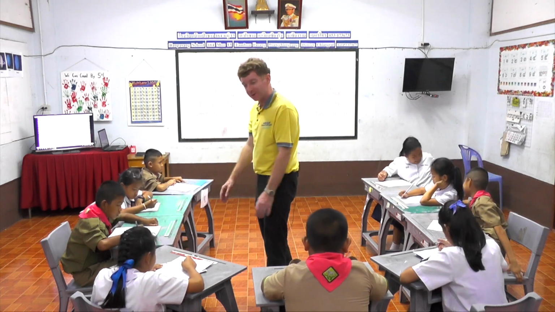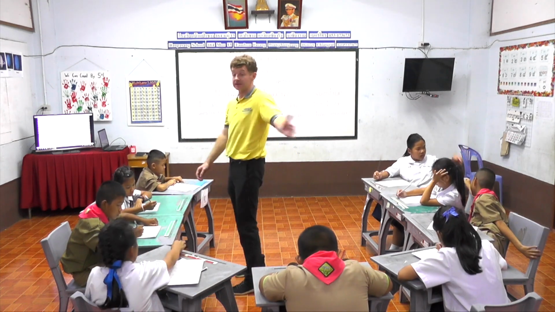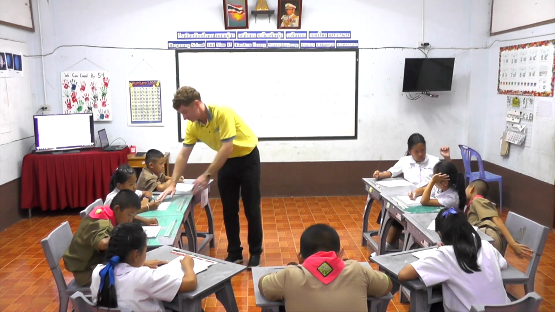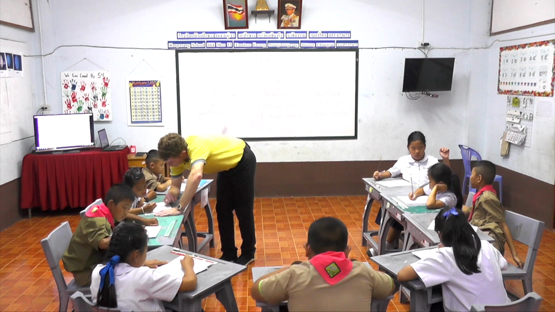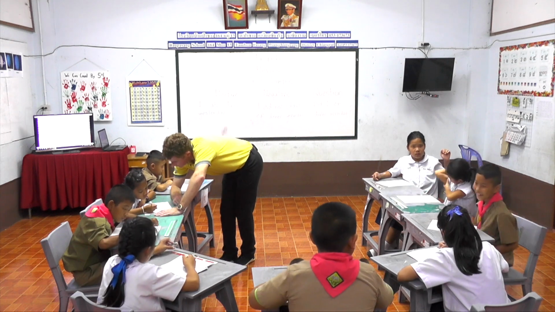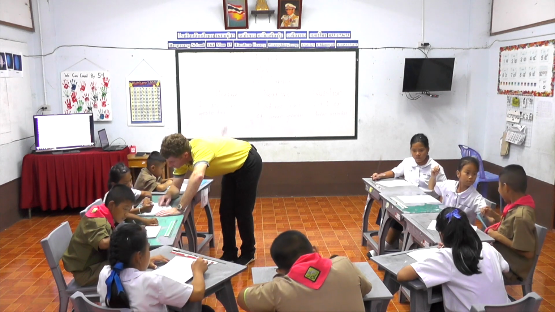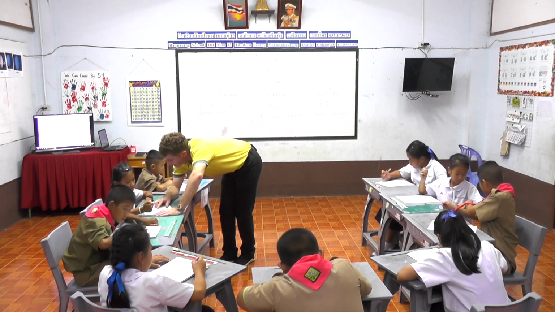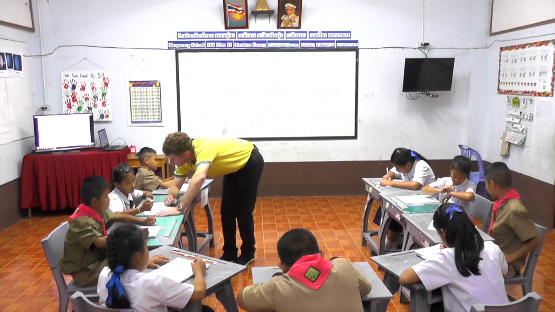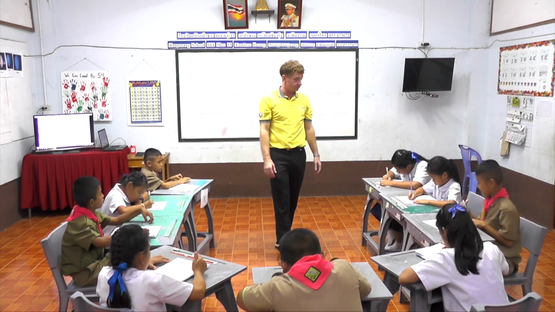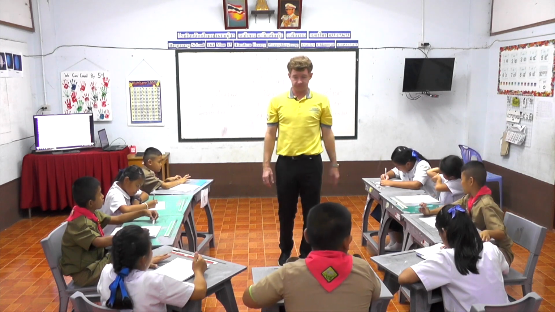Past tense, learned. Learning is continuous tense. Past tense, learned. So we're looking for ed. And can you say painted? She painted a picture last night. Excellent. That's the past tense form of paint. Painted.